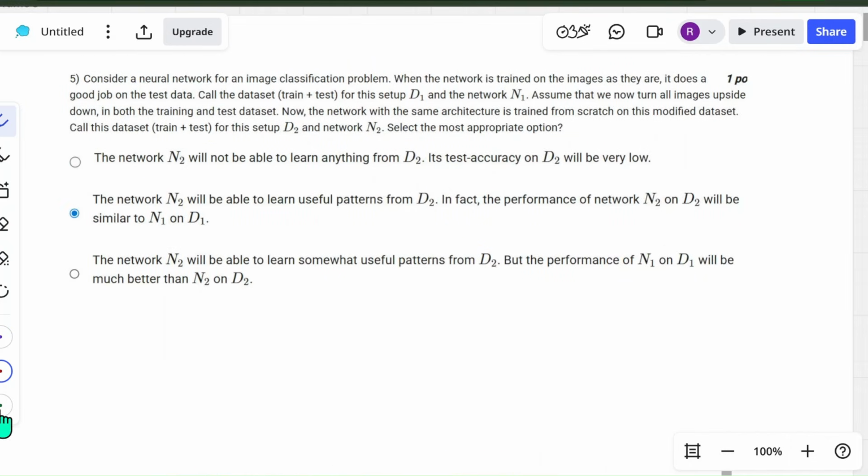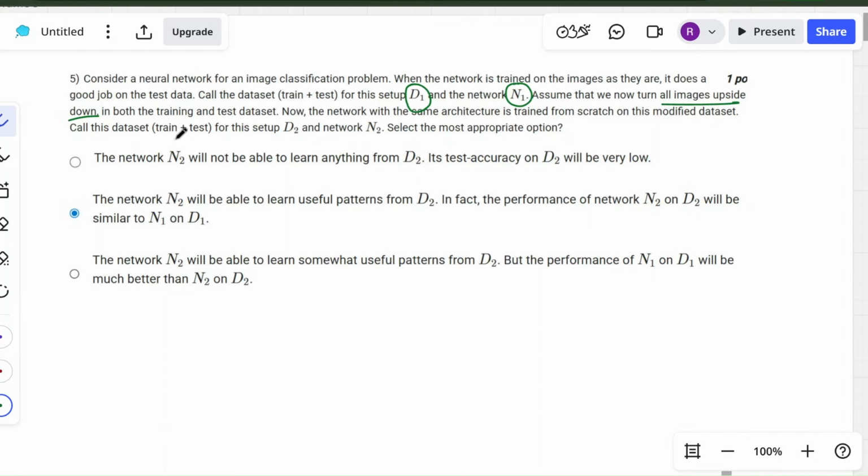Here we have another problem which says there is a neural network for image classification. When the network is trained on images, it does a good job on the test data. The data set is called D1 and the network is called N1. Now, all images are turned upside down in both the training and the test data set. Now, a network with the same architecture is trained.